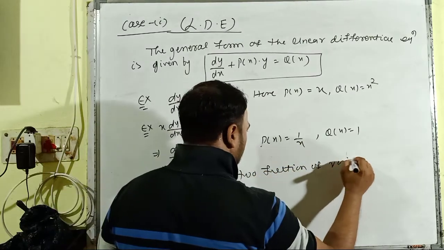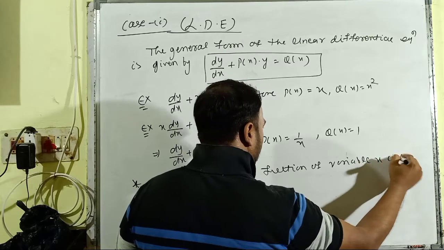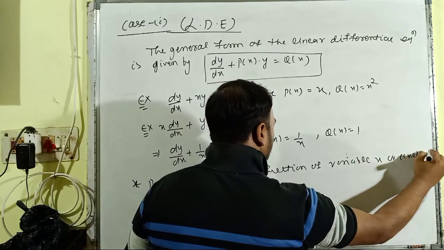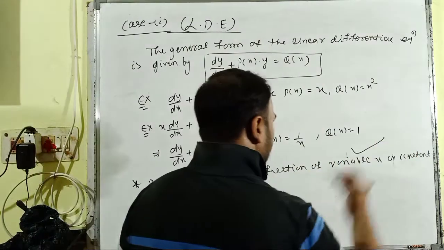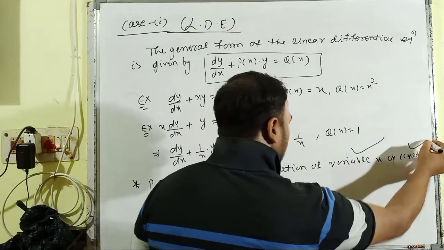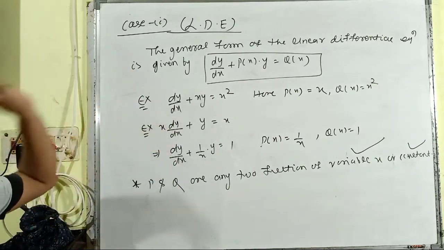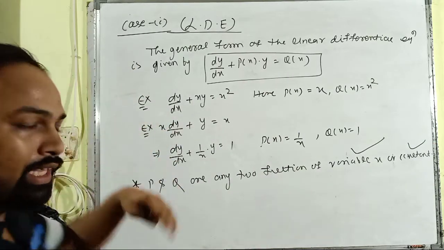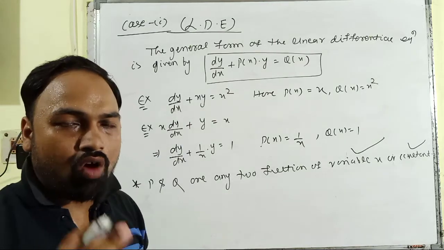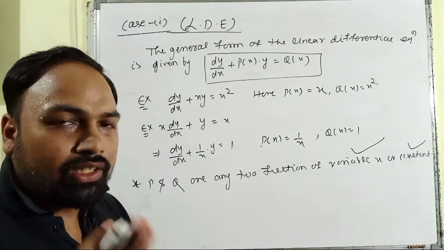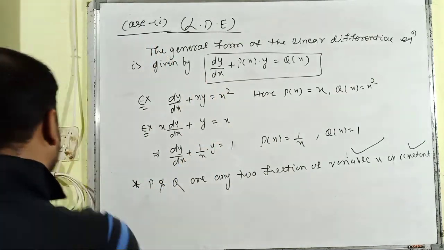Either it may be a function of x, or it may be a constant like q of x here. So these are the examples based upon the linear differential equation. Then let us move towards the procedure to find the solution of a linear differential equation in the first general form, form number 1.